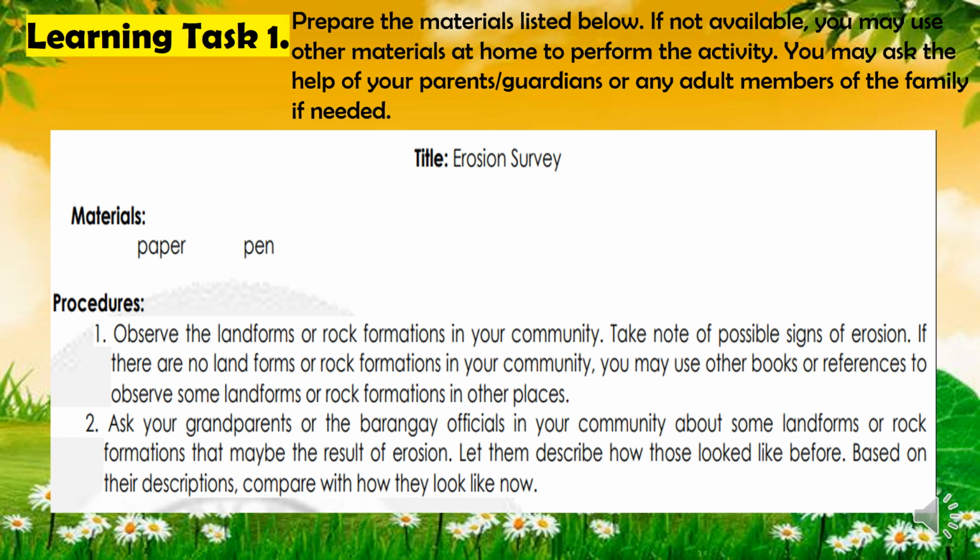For the procedures, number 1, observe the landforms or rock formations in your community. Take note of possible signs of erosion. If there are no landforms or rock formations in your community, you may use books or other references to observe some landforms or rock formations in other places.